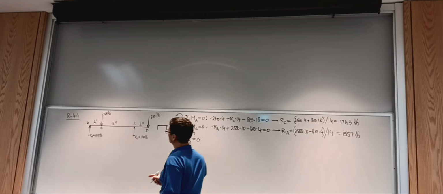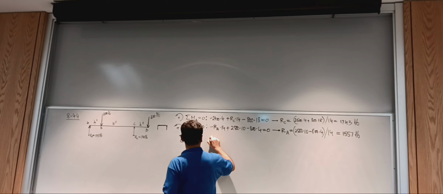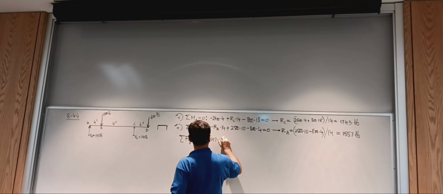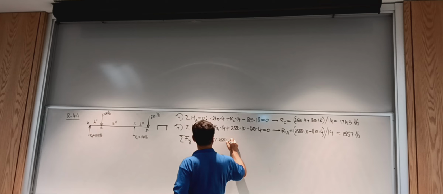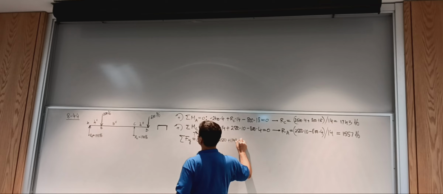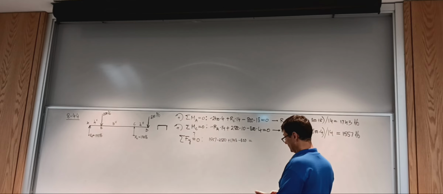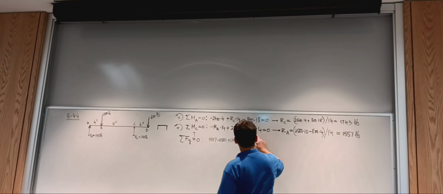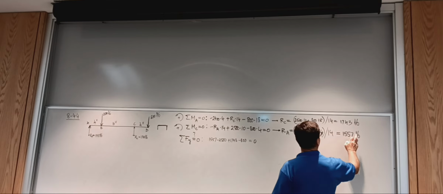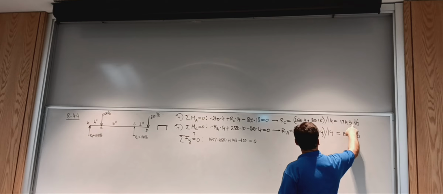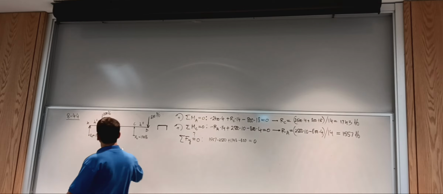Checking: 1,557 minus 2,500 plus 1,743 minus 800 is exactly 0, because I rounded to full integers.